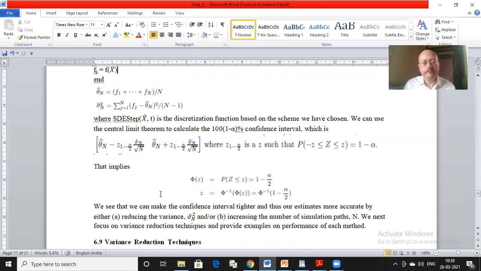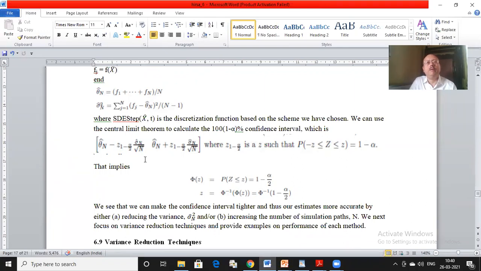This also implies that my confidence interval, which I want to make as tight as possible to make the estimate more accurate, can be made tighter if I can reduce the variance, this sigma squared N hat, using some strategy, or I can increase the number of simulation paths, because the length of the interval is proportional to 1 by root N. Now, increasing the number of simulation paths is more expensive.